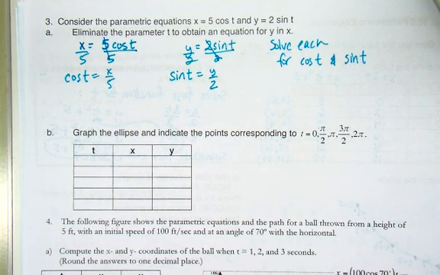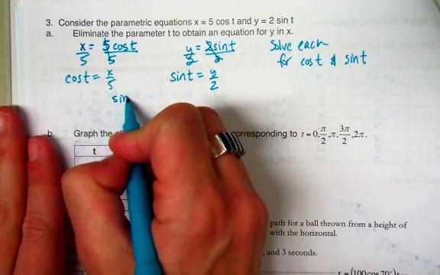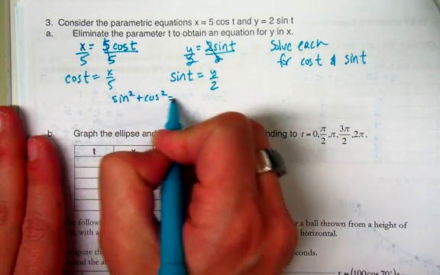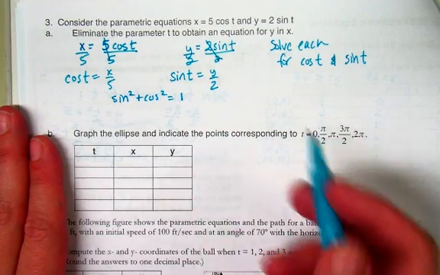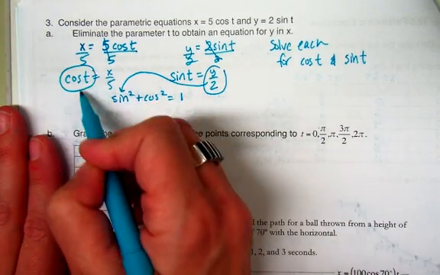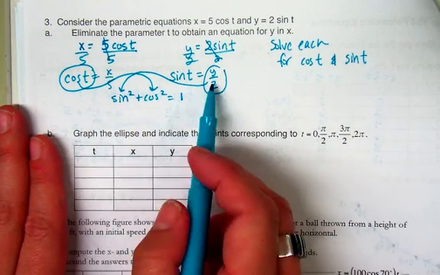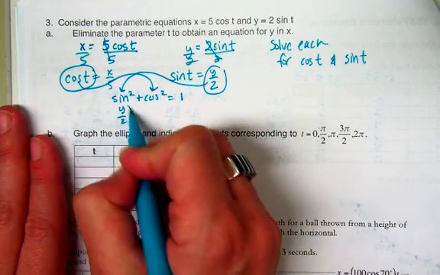Now all you're going to do is use your Pythagorean identity. We know that sine squared plus cosine squared equals 1, correct? So we are going to plug these in. Instead of sine squared, I'm going to do y over 2 squared.